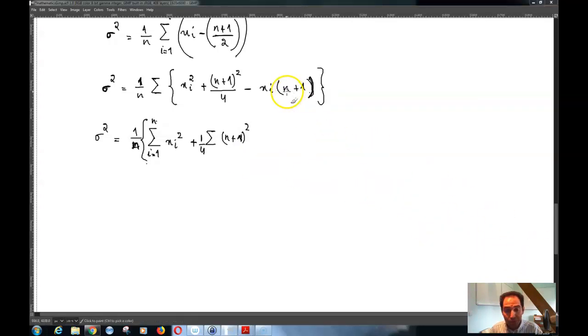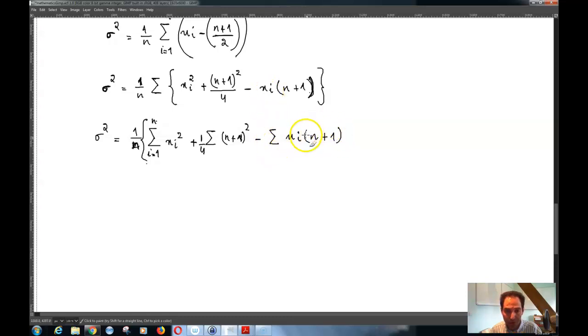And then you have sigma of x of i times n plus 1, negative sigma of x of i times n plus 1, as i goes from, for example, 1 to n.